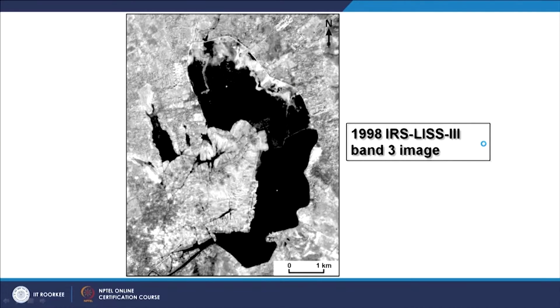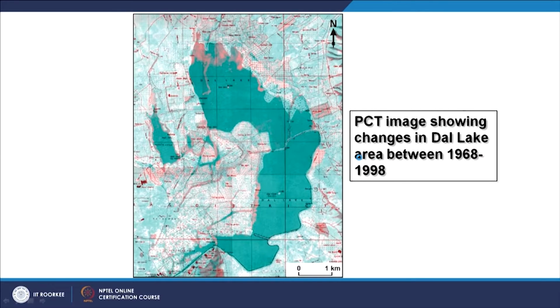In order to detect the changes which occurred between 1968 and 1998, we took this satellite image of IRS LISS-3, and this is a band 3 image. Then, using the color space concept or the pseudo color transform image concept, we prepared a new product which had the map as well as the image. The map belongs to 1968 and the image belongs to 1998.